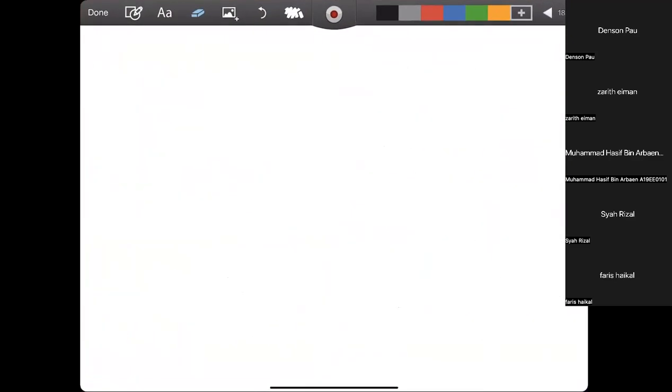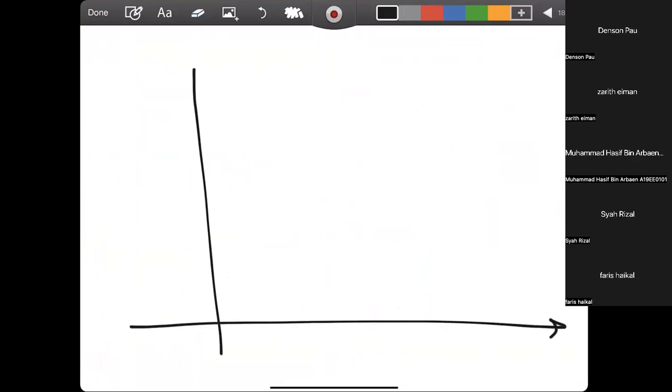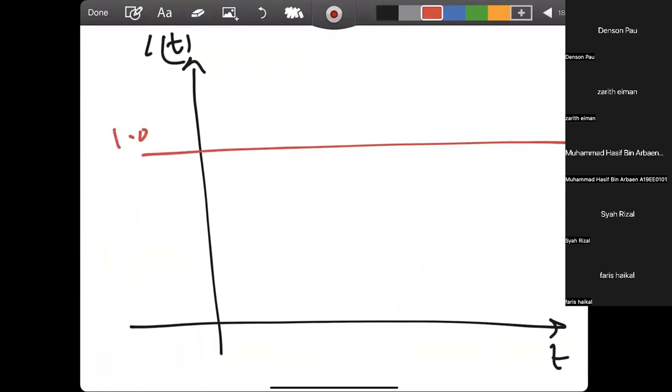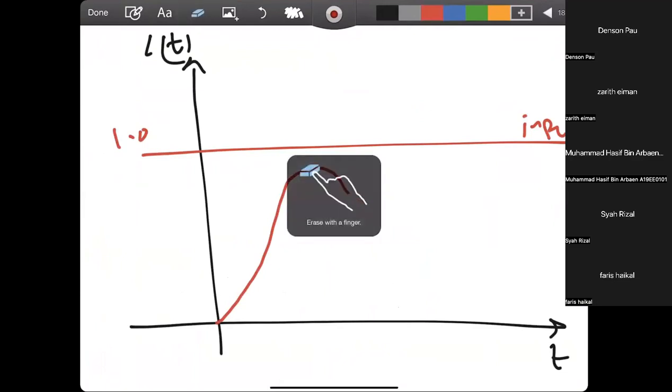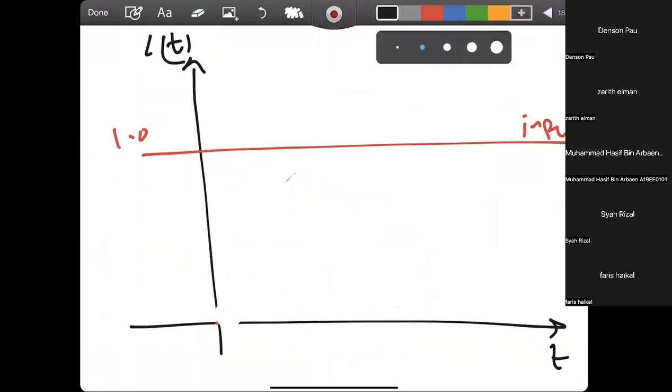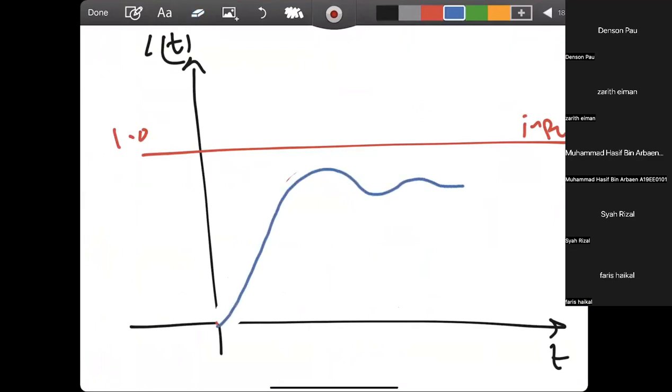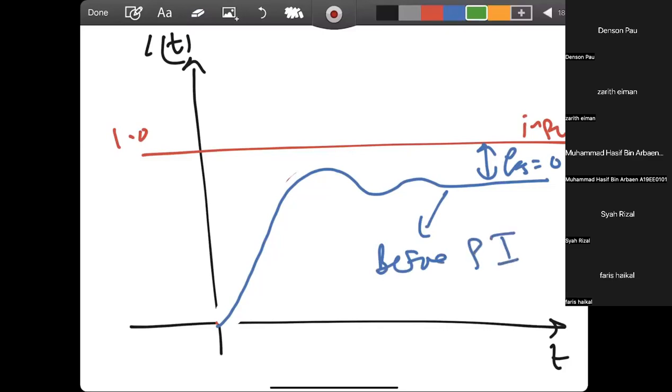Time axis, input 1.0, before PI and after PI, like this.